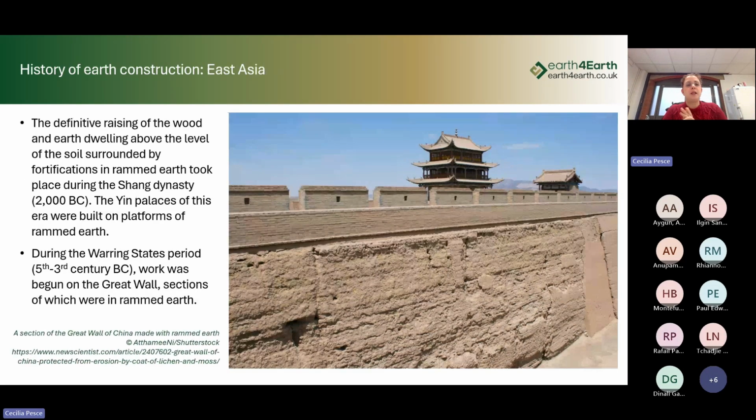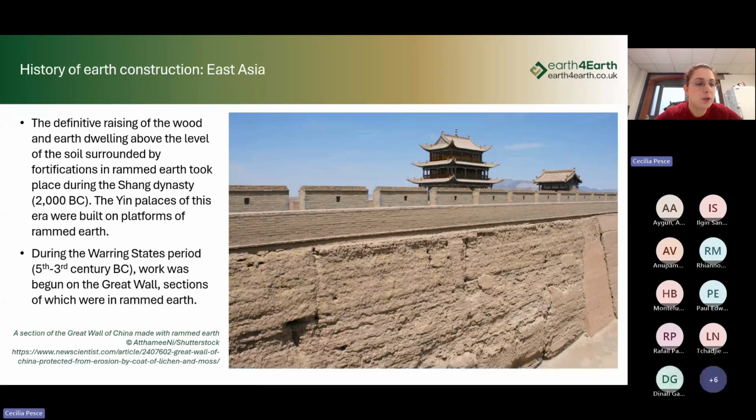And then we move to East Asia. During the Shang dynasty, rammed earth was used to make buildings above the soil, while before only dugouts were made, so underground houses.